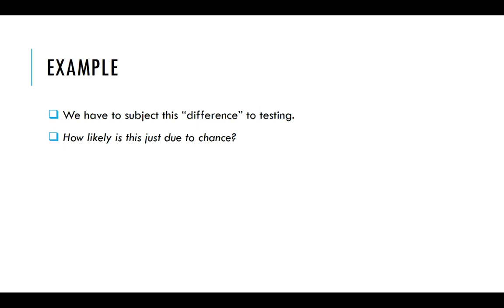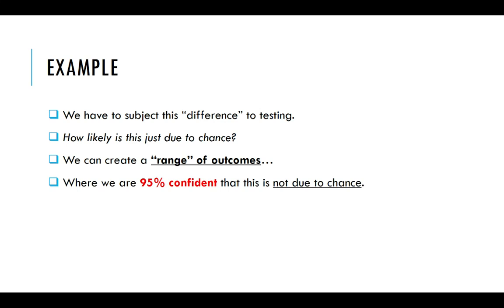I don't have a very big sample here, so how likely is it was just kind of luck of the draw? So what we can do here is create what we call a range of outcomes. And this will be tied to what we do in the next lecture. But we can create this range of outcomes where we're 95% confident that our result, this difference of 4.61 points, is not due to chance.